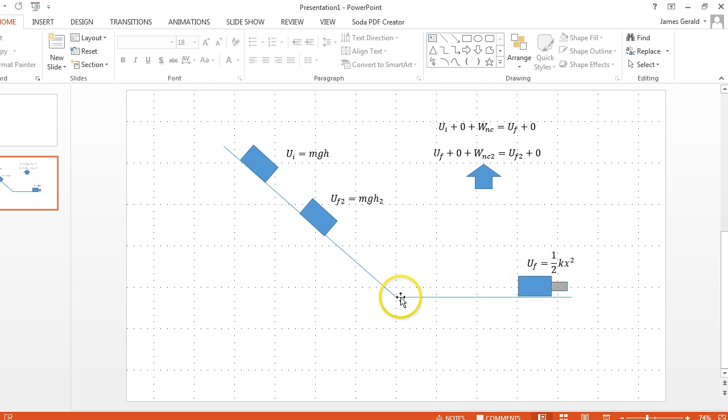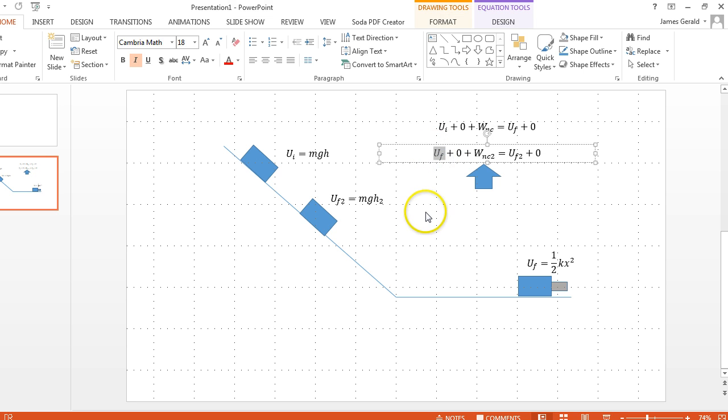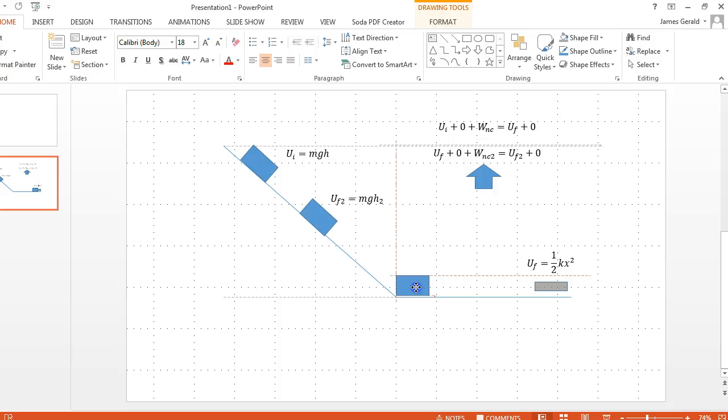That kinetic energy is slowly going to be drained off as it goes up the slope and as it comes to a stop. That kinetic energy is fully represented by UF at this point. So when the block comes back and gets right here, 1/2 mv squared equals UF at that point. Your kinetic energy equals all the potential energy you had here. Then it heads up the slope, friction takes some out of it, and it comes to a stop.